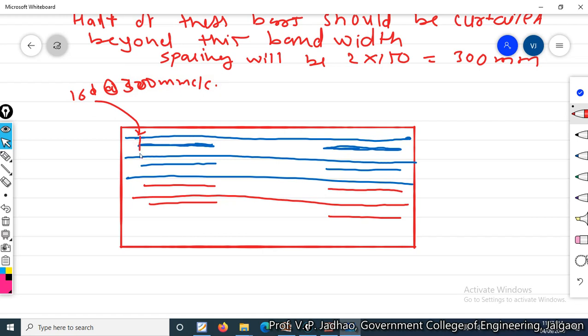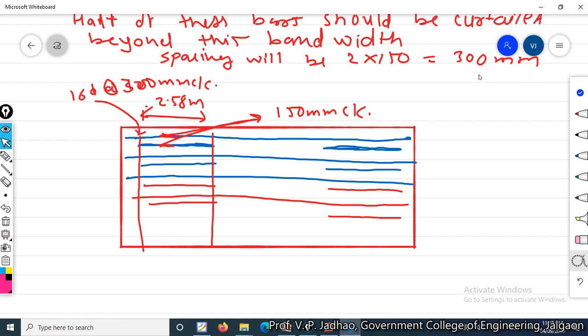But within this particular band of 2.58 meter, we will have the steel reinforcement at 150 mm center to center. That is this plus this, both including the uncurtailed and curtailed bars, will be at a distance of 150 mm center to center. So this is how we will be providing the bottom reinforcement.